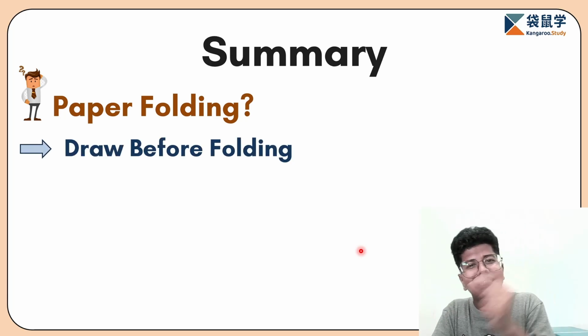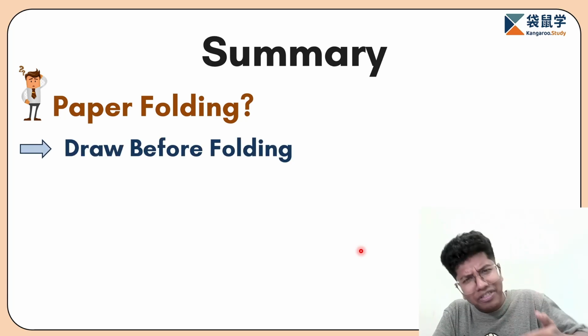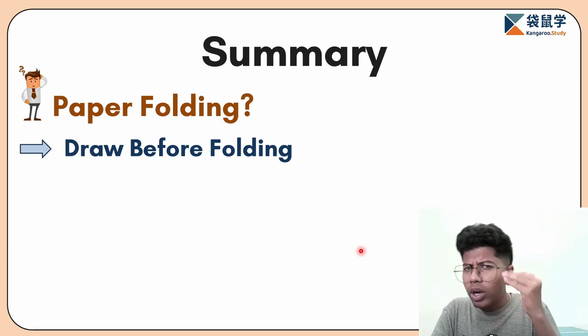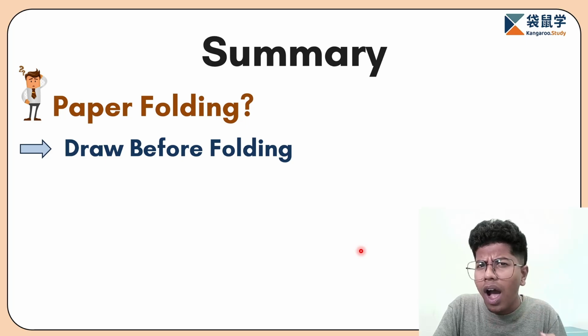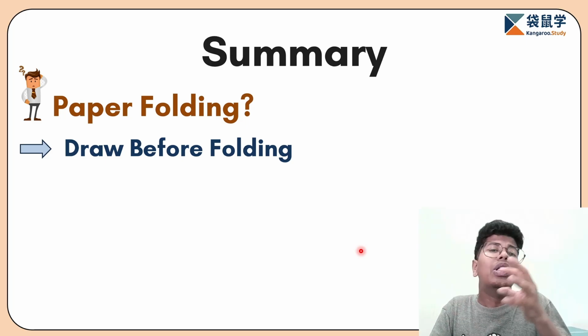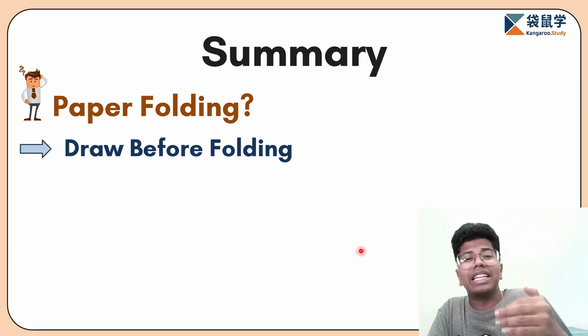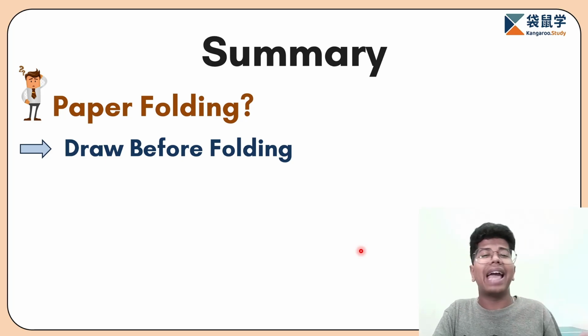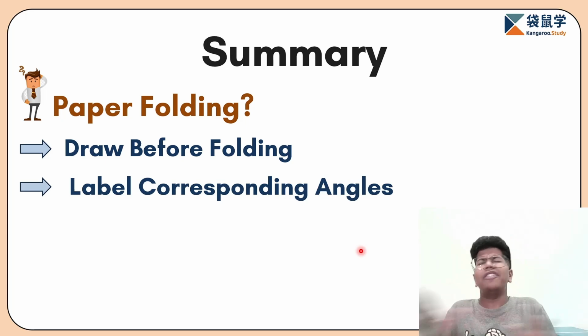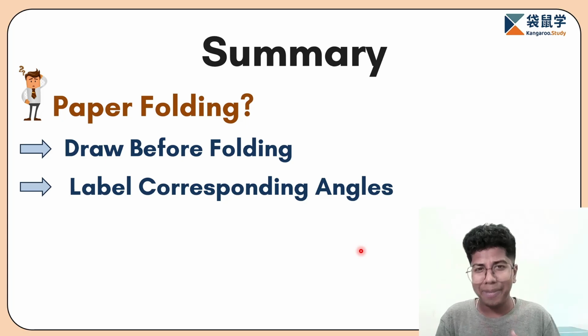This is the first thing we can do. After drawing before folding, we can trace the angles. And what about the corresponding angles we saw? Yes, corresponding angles are the same. So as soon as you draw before folding, the next thing is to label all the angles. So the second thing is to label corresponding angles. Whichever angles are the same, just label them.